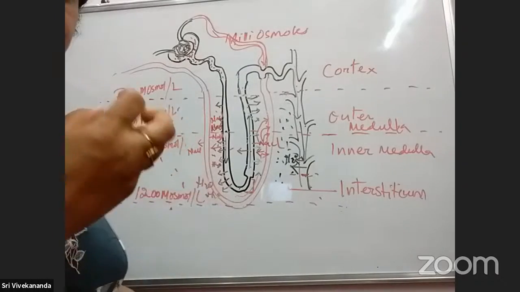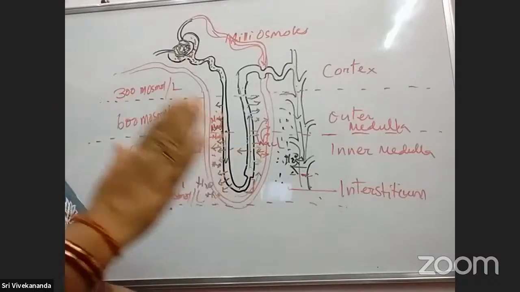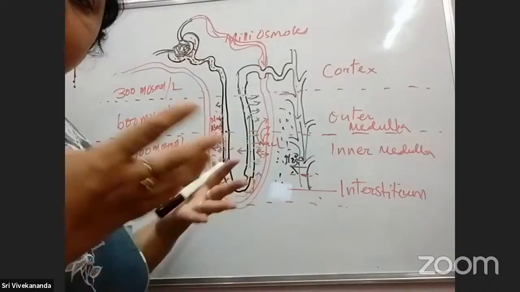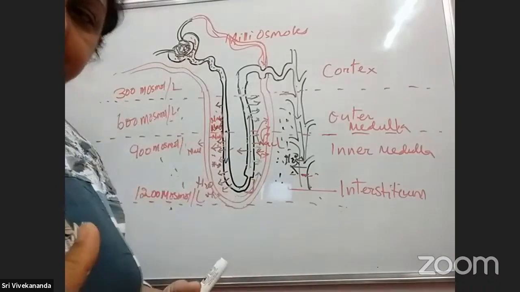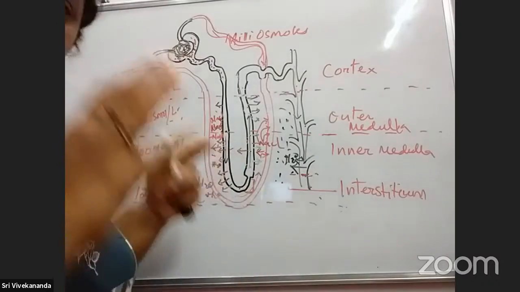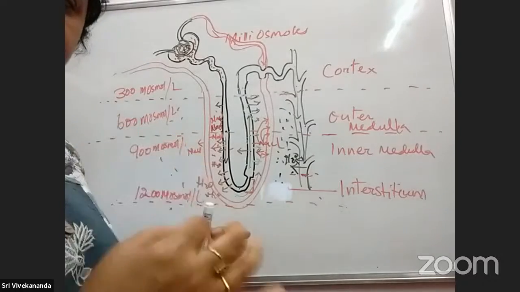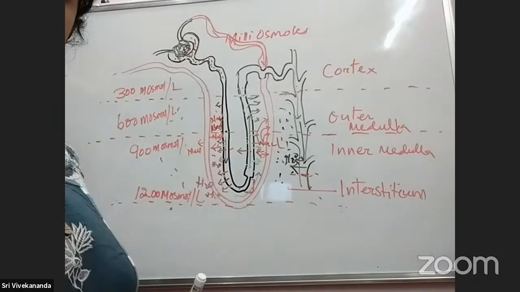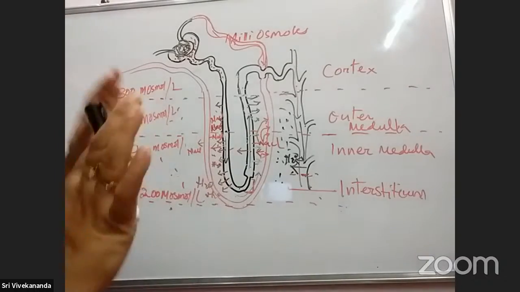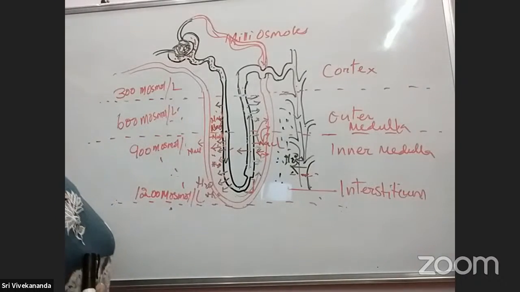So the electrolyte content is not disturbed up to this, and it is exactly the same as plasma. Filtrate is an excess amount of plasma containing everything. So the filtrate coming through the Bowman's capsule is exactly the same as our blood plasma, which is why the osmolarity is also the same, because nothing has changed in that filtrate.